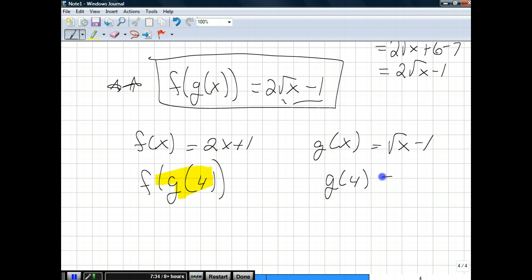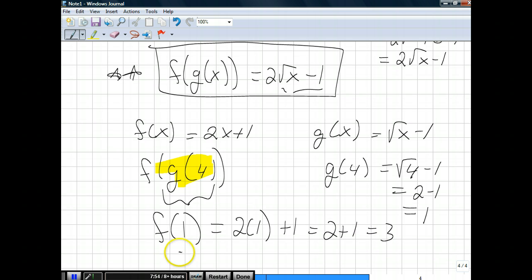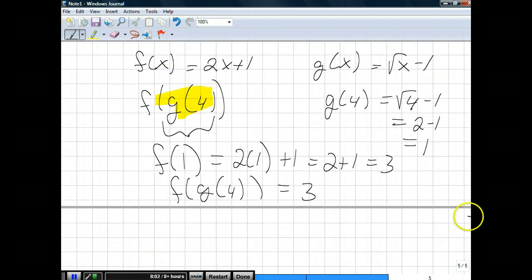So g of 4 is the square root of 4 minus 1, or 2 minus 1, or 1. Now replace this with 1. Now go to the f function. So our final answer is f of g of 4 equals 3. So again, what is happening here is g takes 4 to 1, and then f takes 1 to 3.